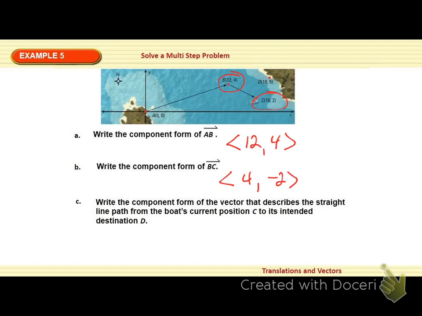And then it says, write the component form of the vector that describes the straight line path from the boat's current position C to its intended destination D. So here to there. You can just find the differences again in the X and Y coordinates. So we have to add 2 from C to D and then add 3 from C to D. So that would be the component form of that vector.